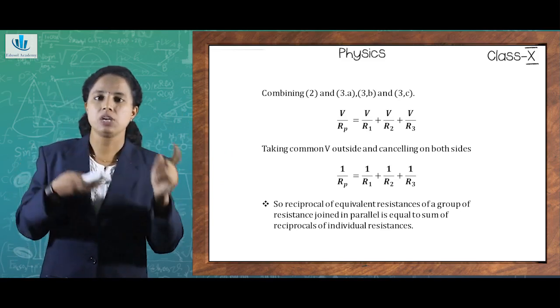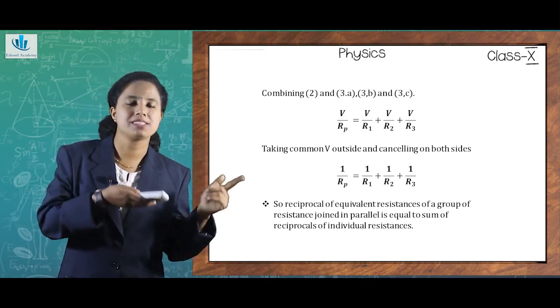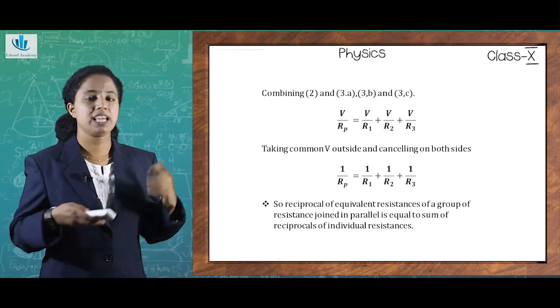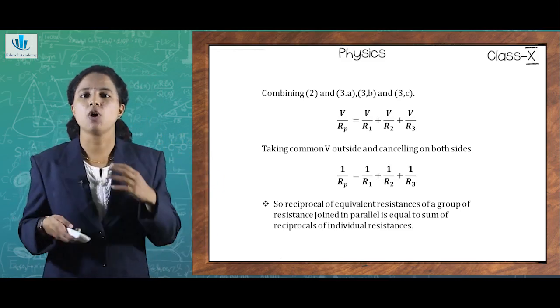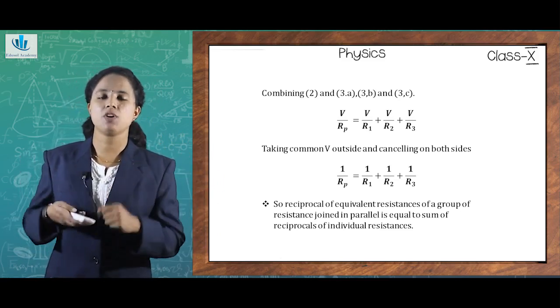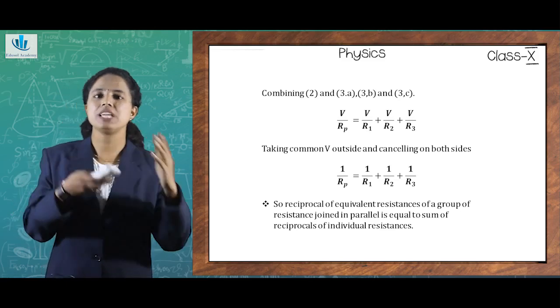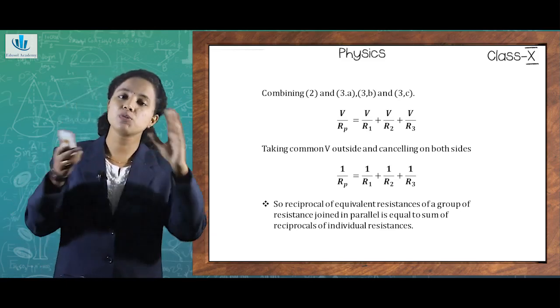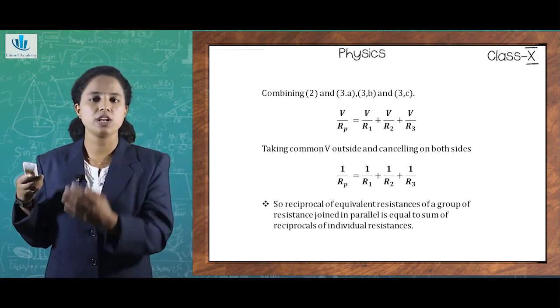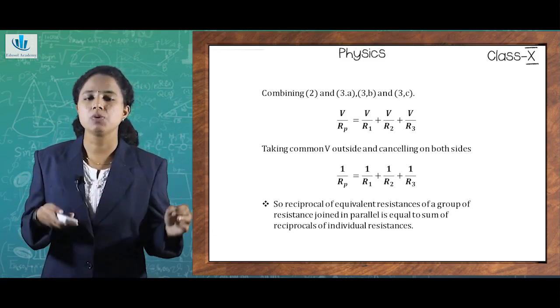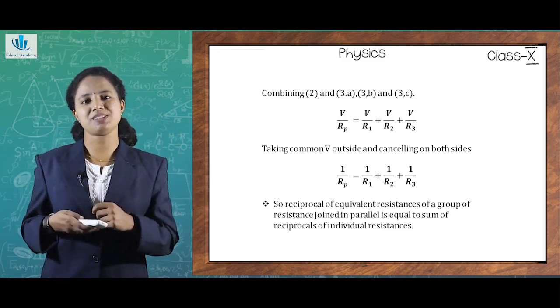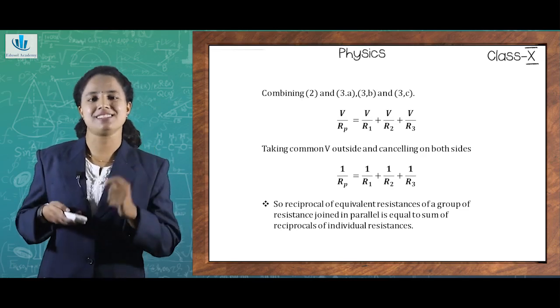Rs was equal to R1 plus R2 plus R3. But here it is a reciprocal of the combination. So in a parallel combination, the reciprocal of the equivalent resistance of a group of resistances joined in parallel is equal to the sum of the reciprocals of the individual resistances.